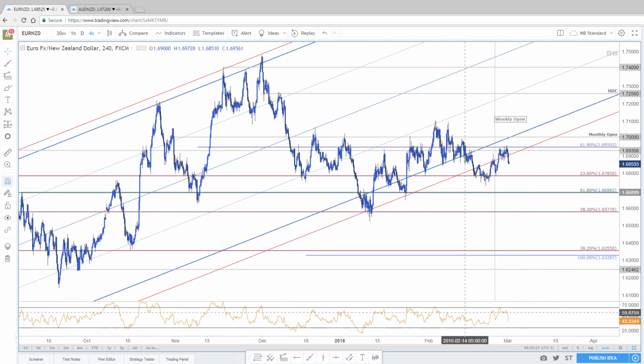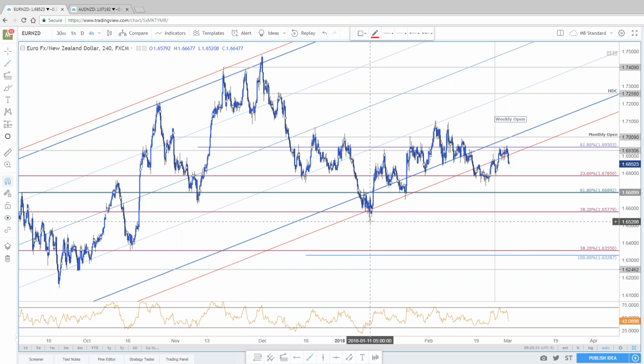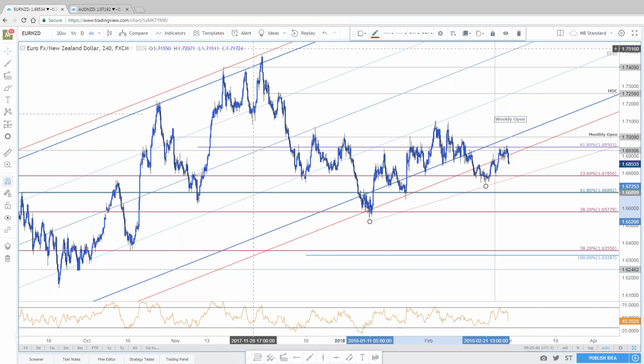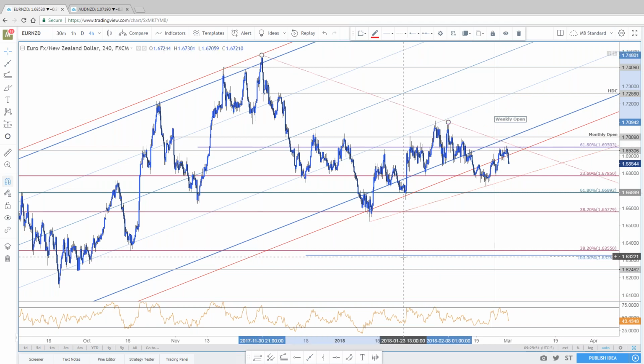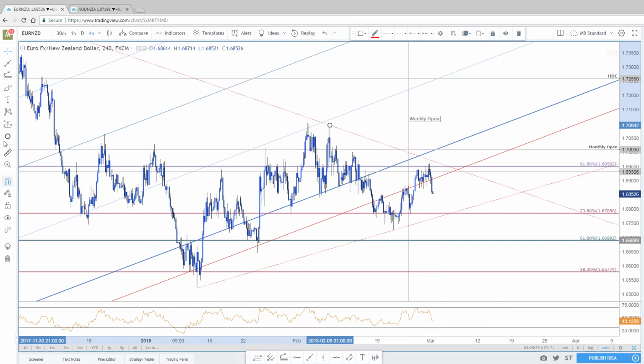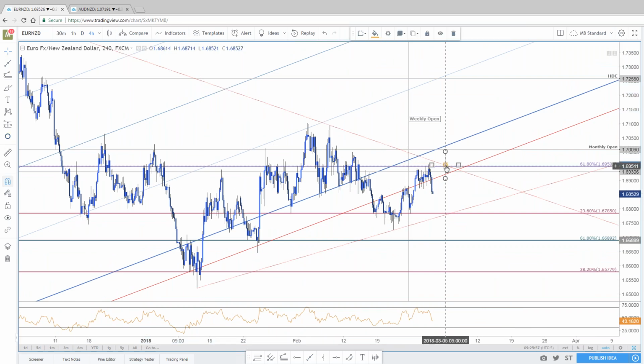Right off the bat, looking at this objectively, forget all the lines I have drawn, it does look like you're making a consolidation pattern. Typically these consolidations are continuation patterns, so you would be looking for a downside break ultimately. Well, it's not the neatest consolidation, but this would suggest resistance here.